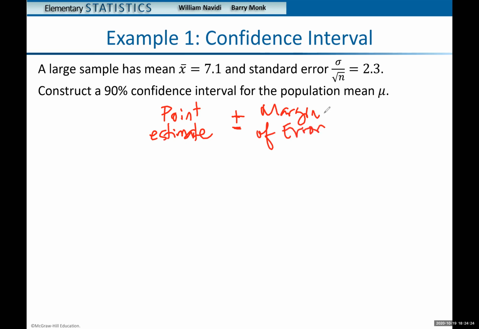So this is always the formula for this whole chapter 8. 8.1, 8.2, and 8.3 is all about point estimate plus or minus the margin of error. And since this section is about the mean, the point estimate is x bar plus or minus the margin of error. And what's the margin of error again?